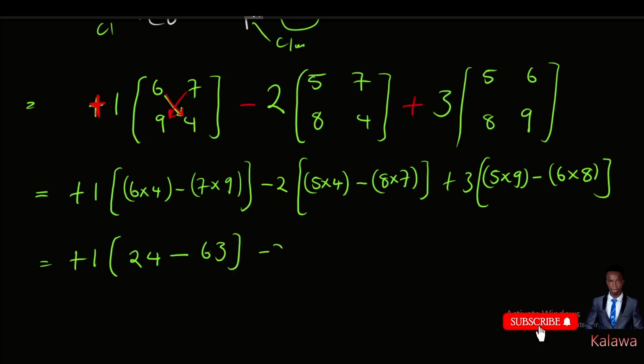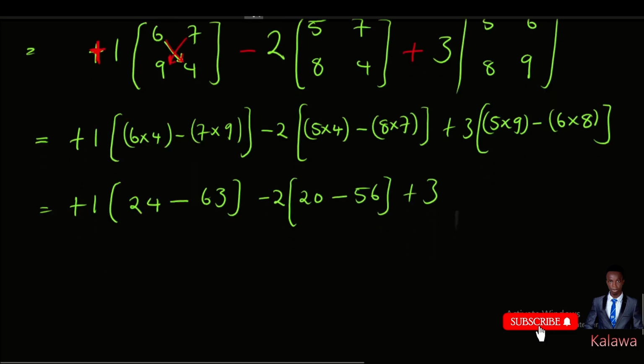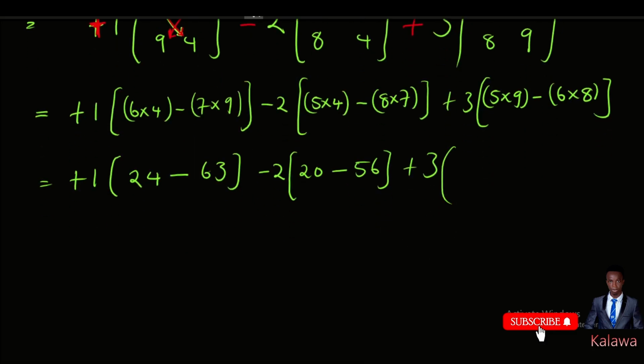Moving again, minus 2 into 5 times 4, this is 20, minus 8 times 7, this is 56. We go again, plus 3 into 5 times 9, it's going to give us 45, minus 6 times 8, it's going to give us 48.